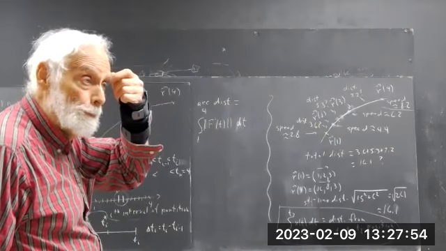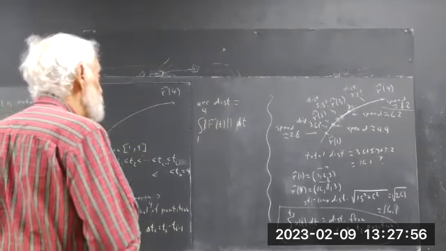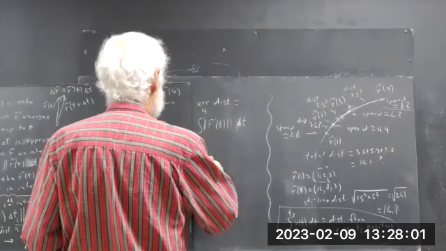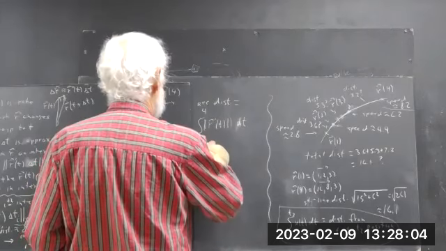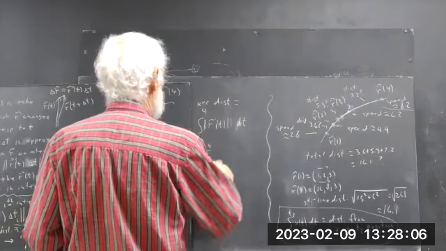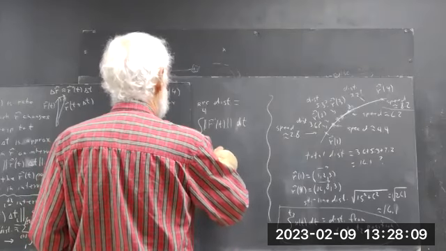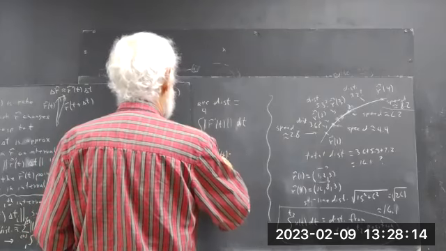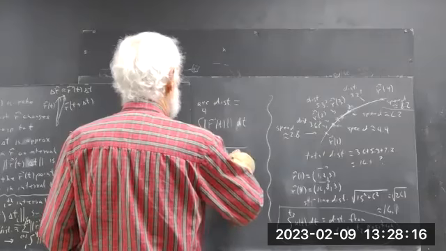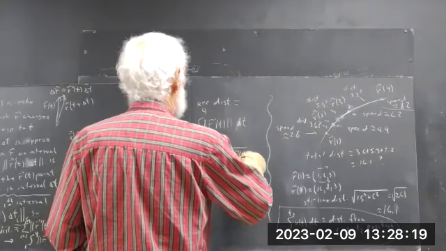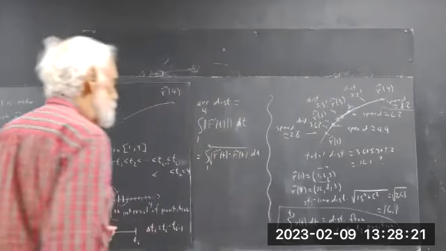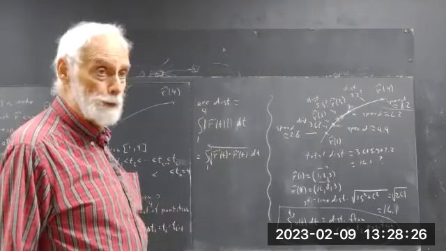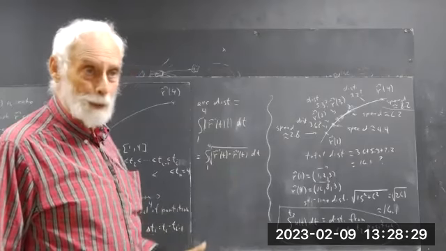So it's a simple integral. It could also be written as the square root of r prime of t dot r prime of t. That's how you get the magnitude of the vector.